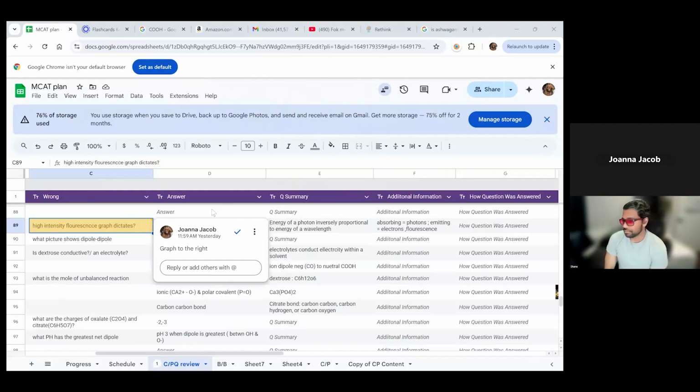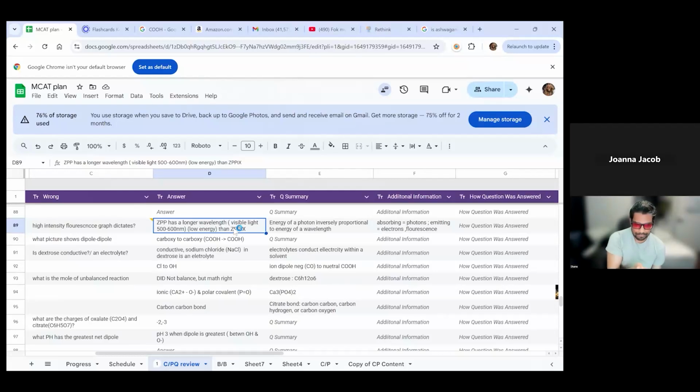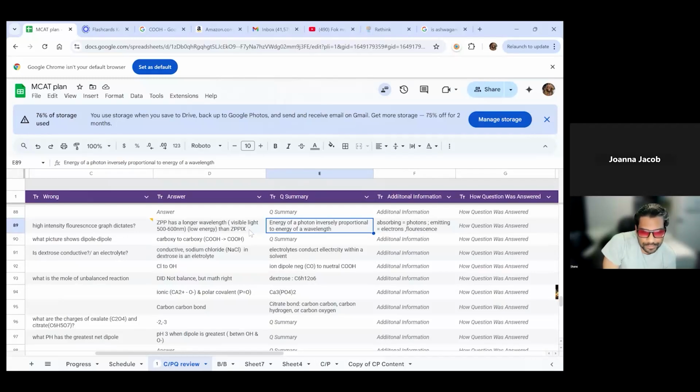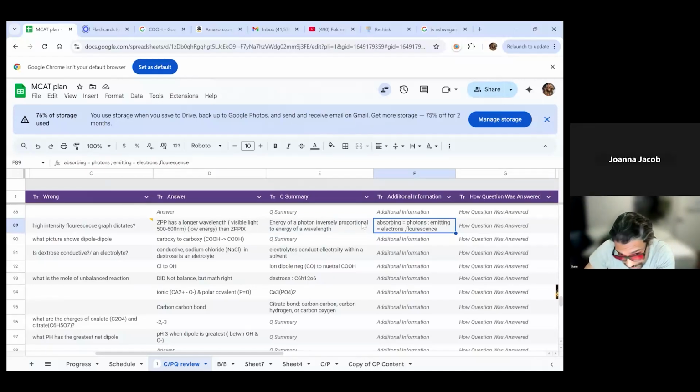Basically, I would write the question, then I'd write the answer that it has, with a little explanation. And then sometimes I'd be lacking in understanding of concepts. So I'd write, energy of a photon is inversely proportional to the energy of a wavelength. Well, wavelength is distinct from energy.